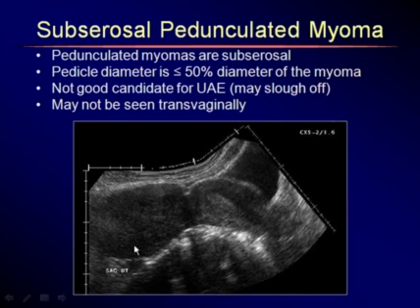These patients with these pedunculated myomas are considered not good candidates for uterine artery embolizations because they then may necrose and slough off the uterus and cause abdominal symptoms. Another problem with these is that if you do transvaginal sonography alone, you may only include the entire uterus but cut off this large mass that's protruding from the fundus.